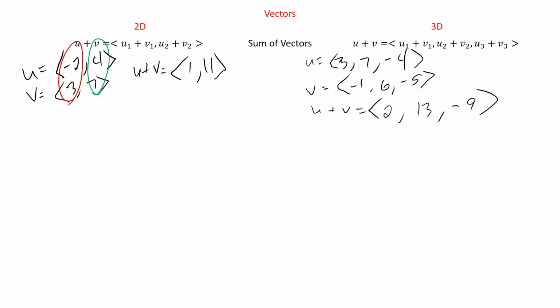So we can add our 2 vectors together. It's the exact same thing we did for 2 dimensions. We just have that third piece in there.